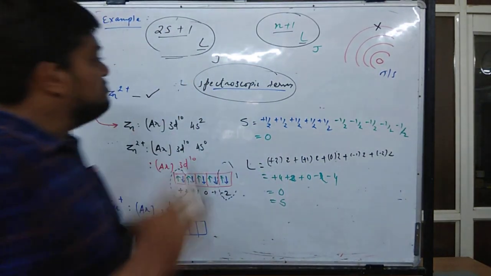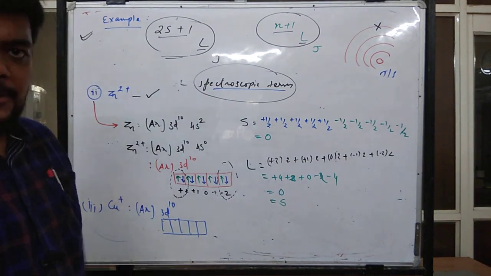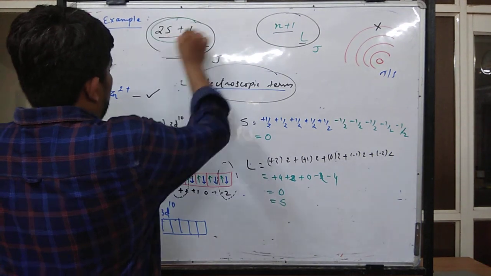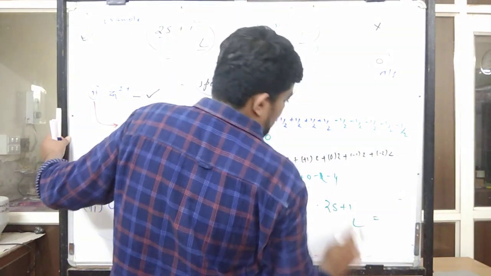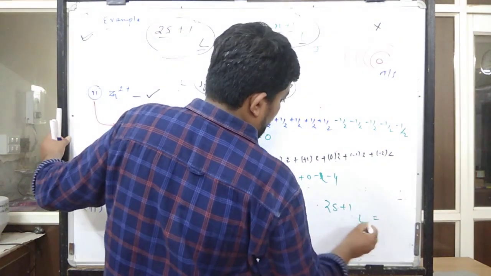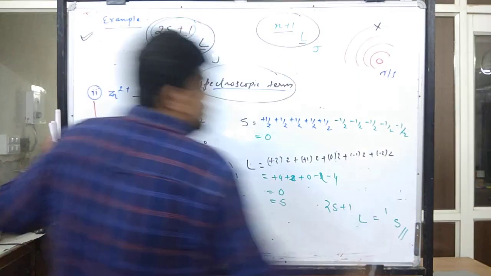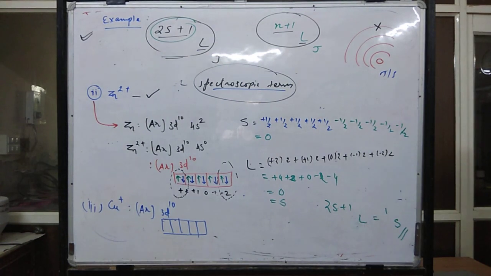Very clear, 0. This 0 when multiplied over here, it's a 0, but you have 1. So 2S+1 and L will result into 1S. So this is how it will work with your basic examples, I mean to say.